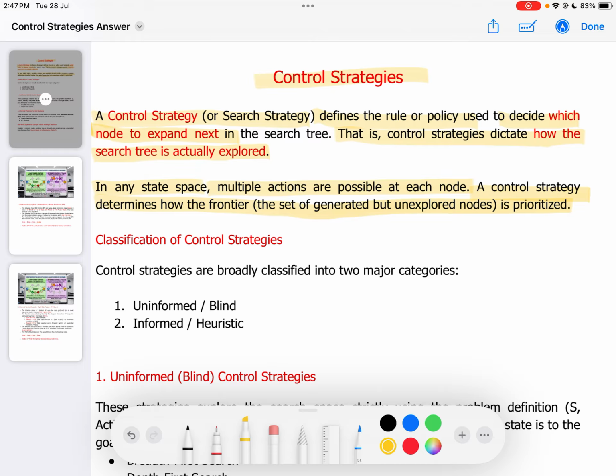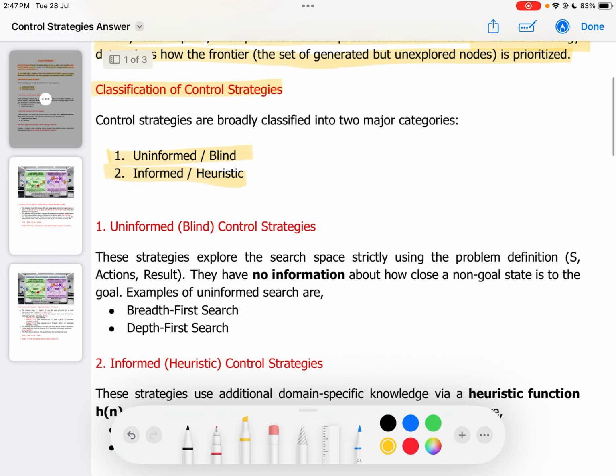Unexplored nodes are explored using this control strategy. There are two types of classification of control strategies. One is uninformed, another one is informed. Uninformed is the blind search control strategy. Second is informed or heuristic. Let's look at each of these strategies.